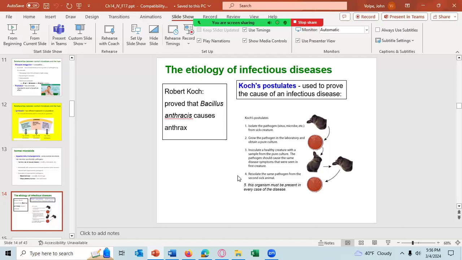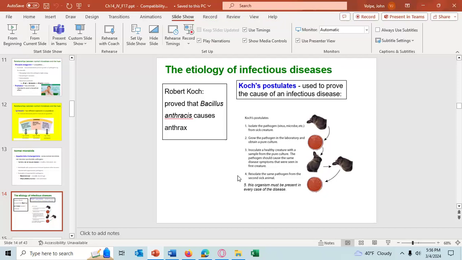And if you use Koch's postulates for showing that a given microbe causes a given disease, you will not ever be wrong in finding the etiological agent, the agent causing the disease.